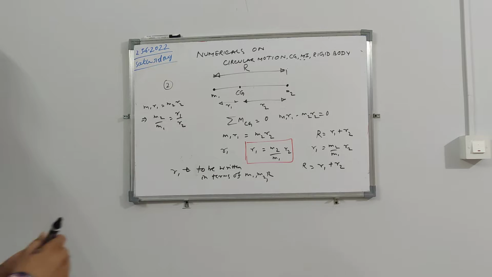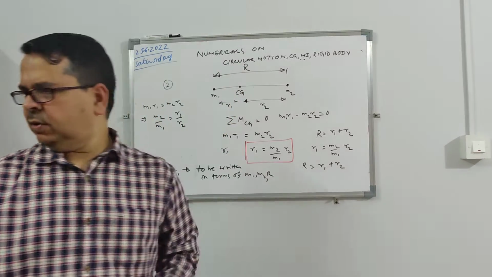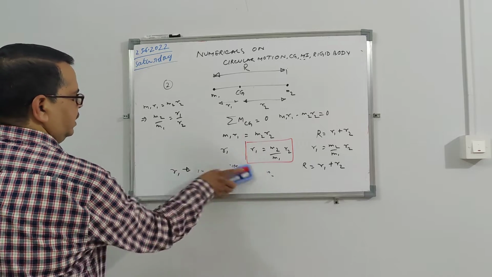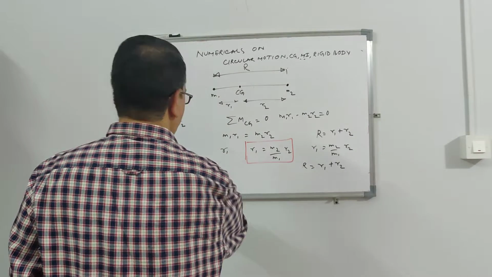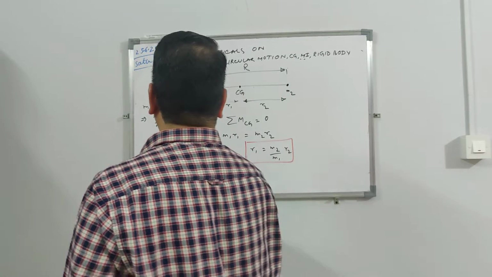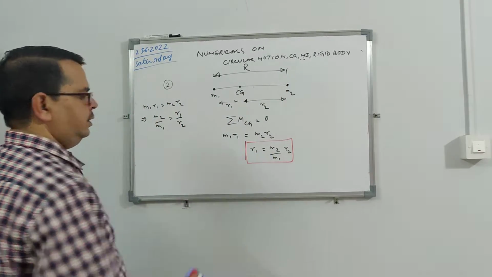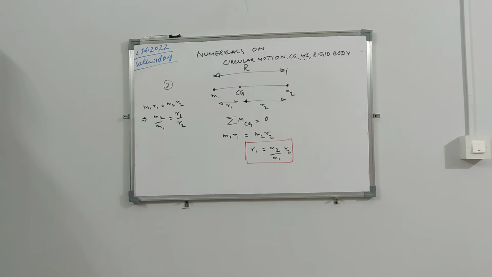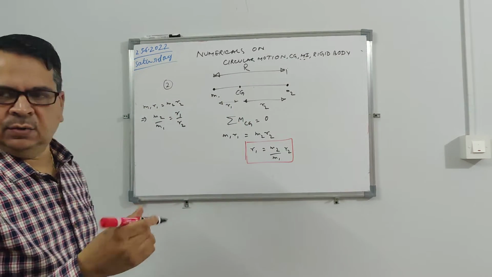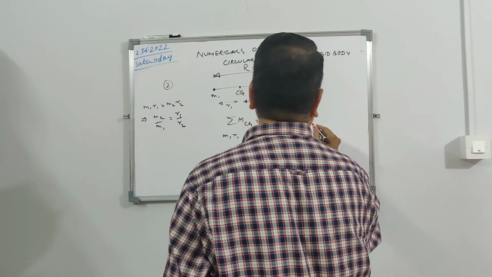Okay, so for future problems, this is your understanding: R1 is equal to M2 by M1 into R2. But rather than bringing in R1 and R2, we can do it in a different way.